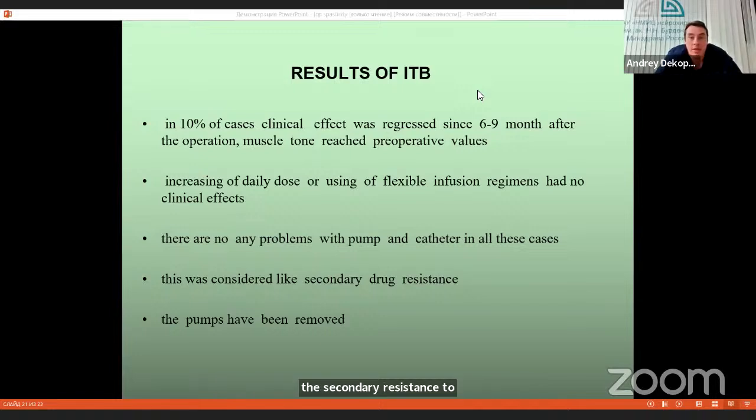The clinical effect regressed from 6 to 9 months after the operation, and muscle tone increased till preoperative values. There was no problem with pump or spinal catheter in all these cases, and increasing of daily dose or using some flexible regime of baclofen intrathecal infusion had no clinical effect. And in these cases, the pump has been removed.